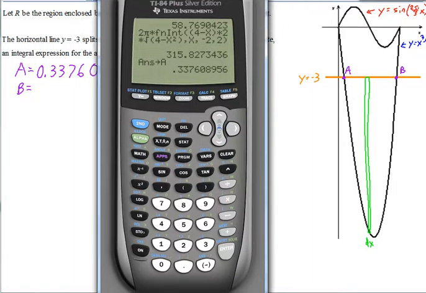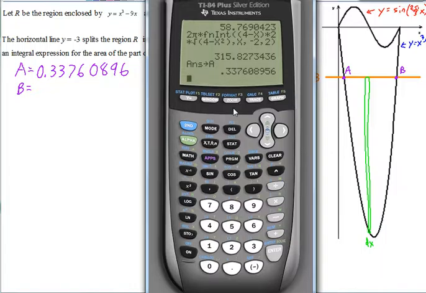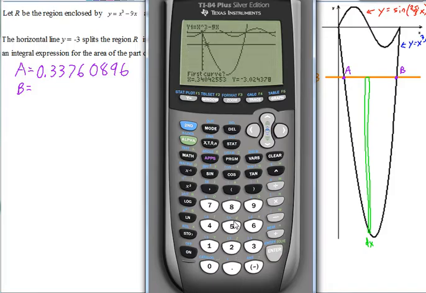And let's go ahead and find our other point of intersection. So second calc, number 5, intersect. First curve again is y1, it's our cubic graph. And second curve this time, oops, we don't want to choose y2, hit the down arrow and y3. Guess, I'm going to move the cursor over here. Guess about right there.